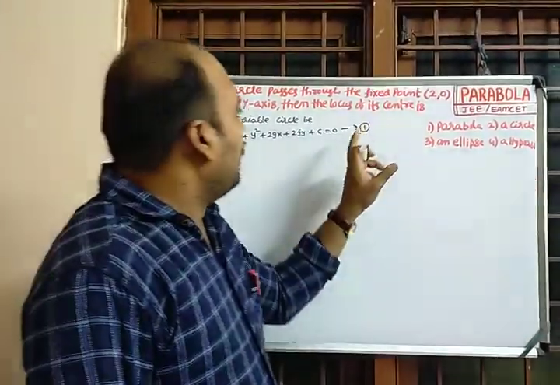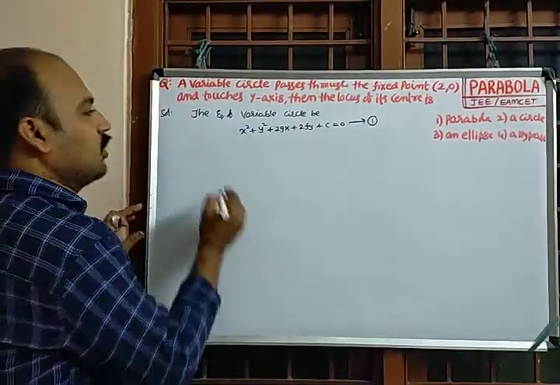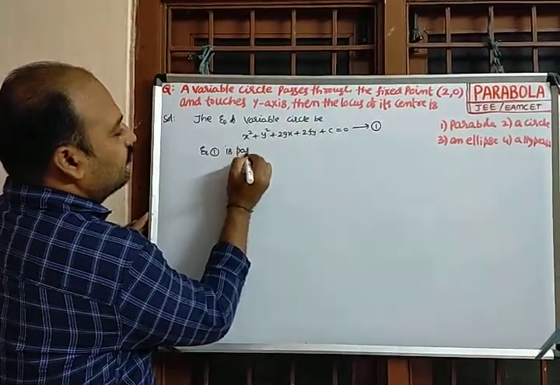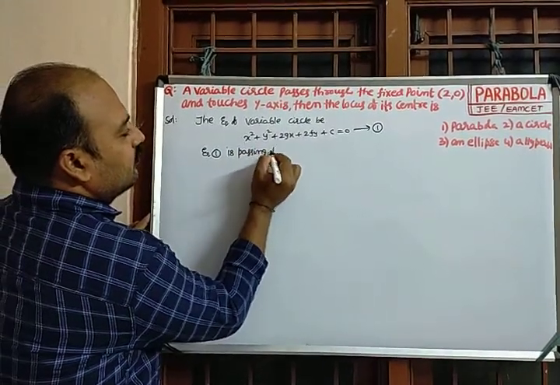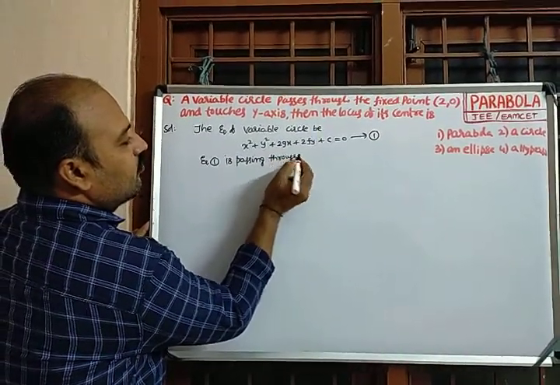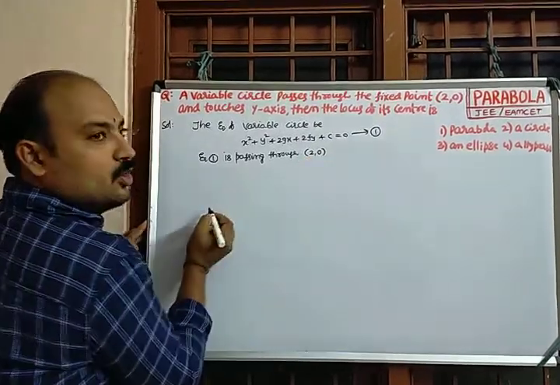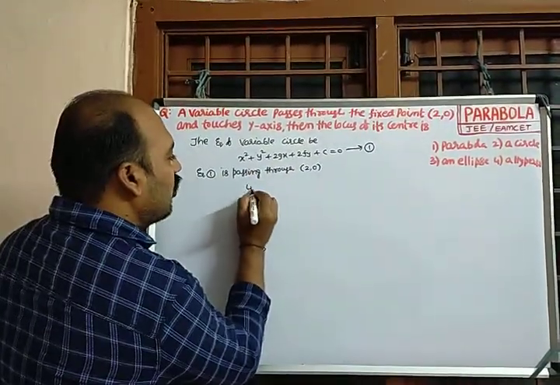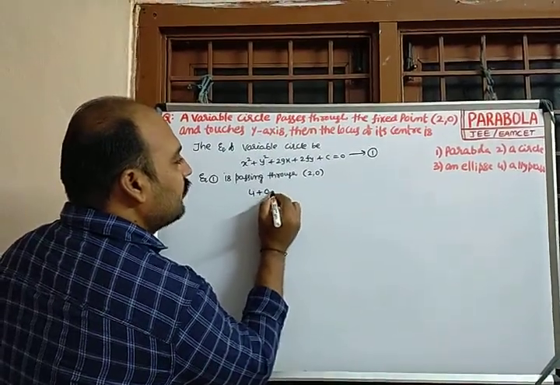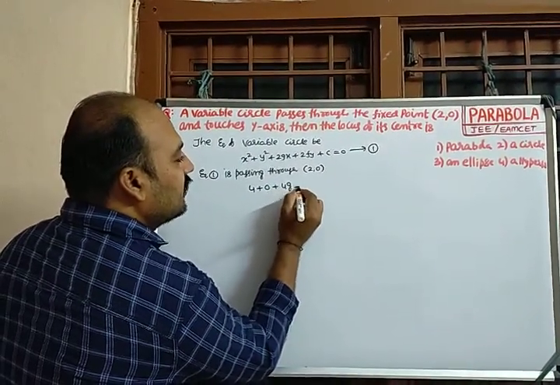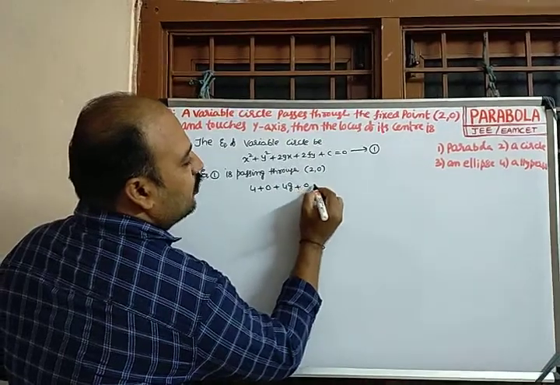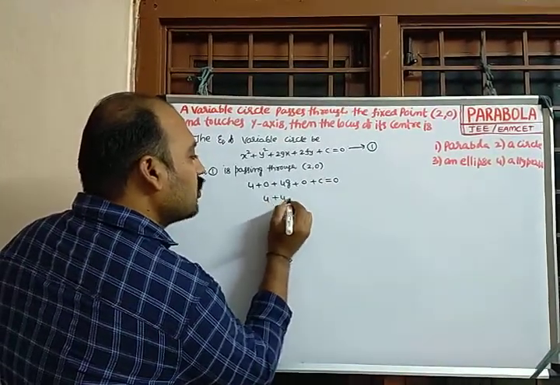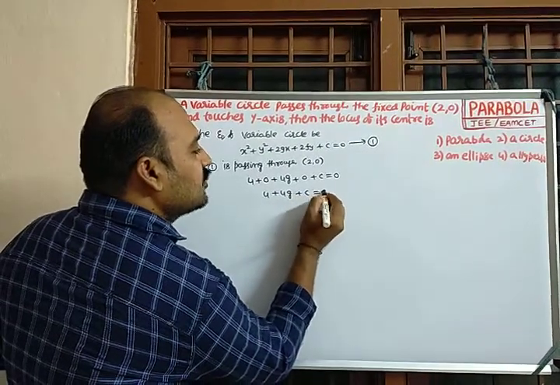Equation 1 is passing through (2, 0). In place of x, y, substitute 2, 0. So it becomes 4 plus 0 plus 4g plus 0 plus c equal to 0. 4 plus 4g plus c equal to 0.